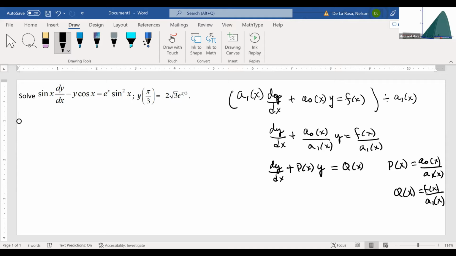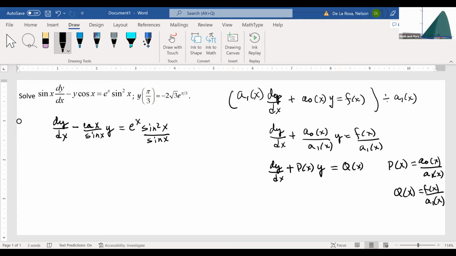So our new equation will be dy dx minus cosine of x over sine of x times y equals e to the x sine square of x over sine of x.